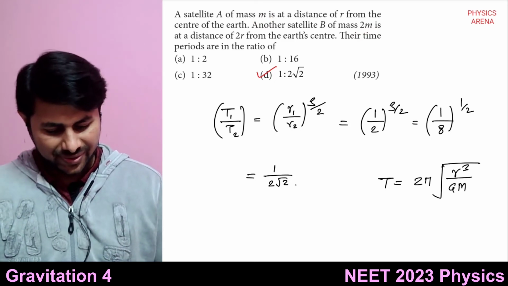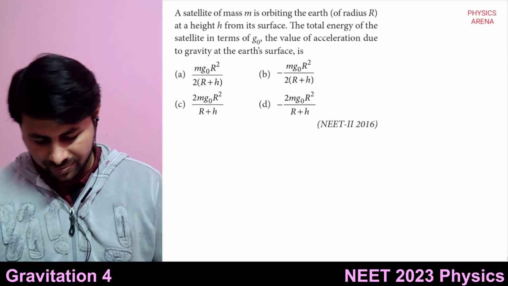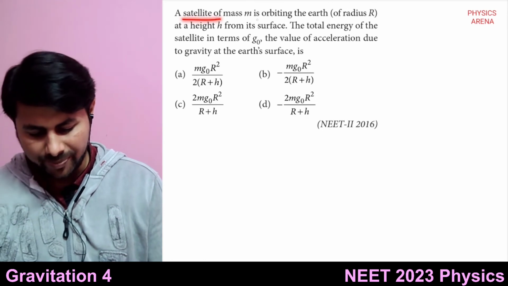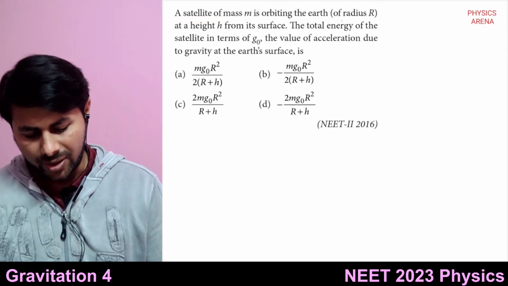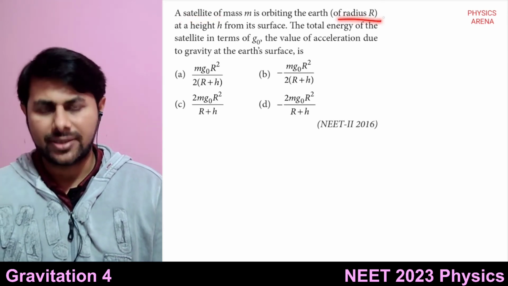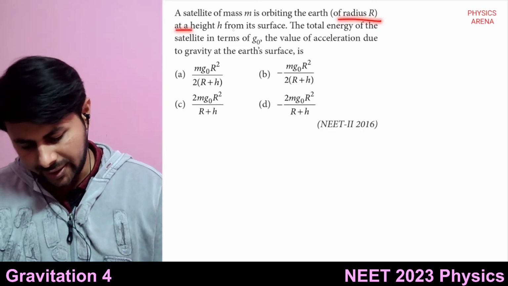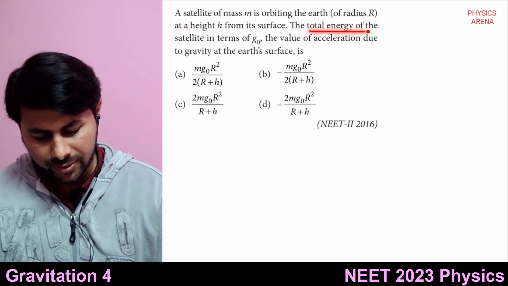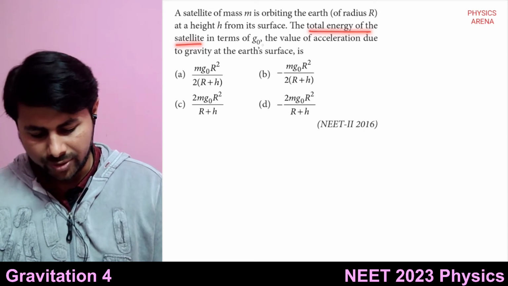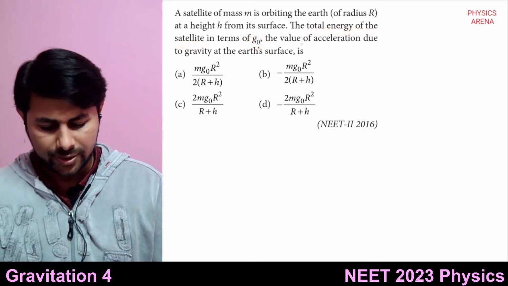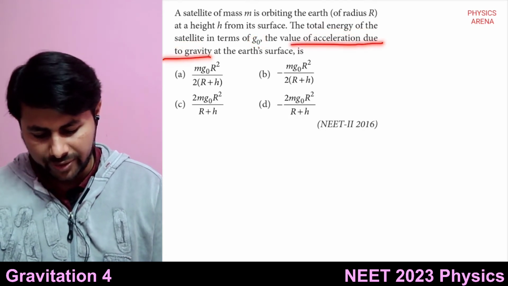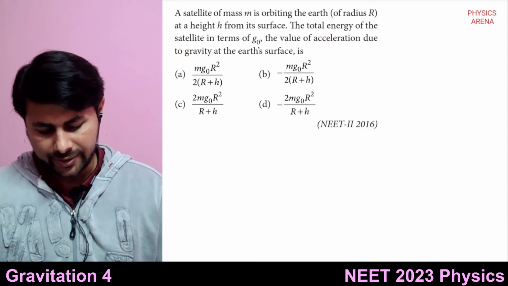All right, so let's move on to the next question. A satellite of mass small m is orbiting the Earth of radius capital R at a height h from its surface. Total energy of the satellite in terms of g naught, the value of acceleration due to gravity at the Earth's surface, is.